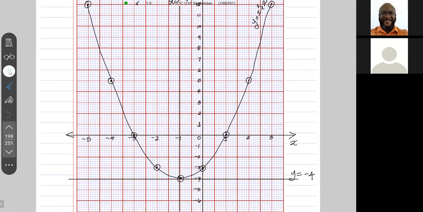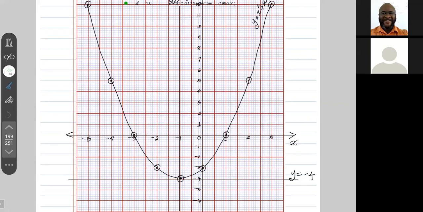Guys, when the examiner is asking you for the value of y when x is equal to -2.5, what he's asking you to do is to identify the point on the graph where x is equal to -2.5, and at that point, determine the value of y.